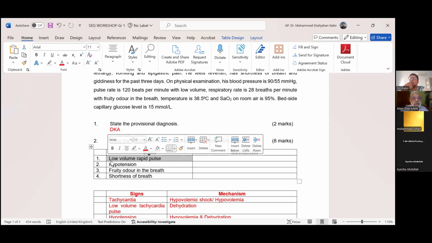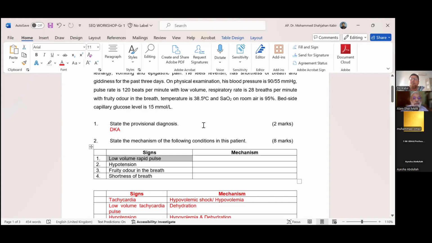Let's say, hypotension here, for example. In the scenario, you have given a blood pressure, and the hypotension, you are interpreting it yourself. You are not allowing students to interpret.